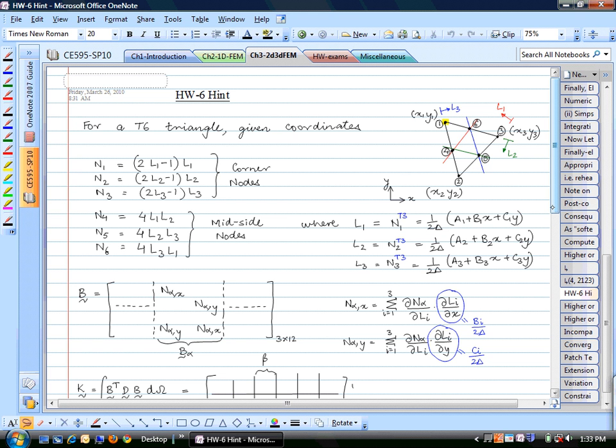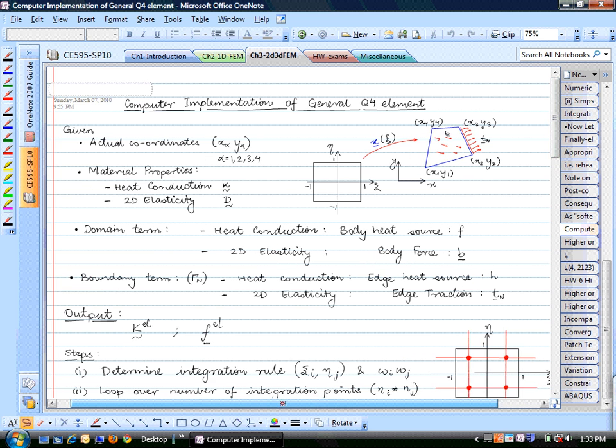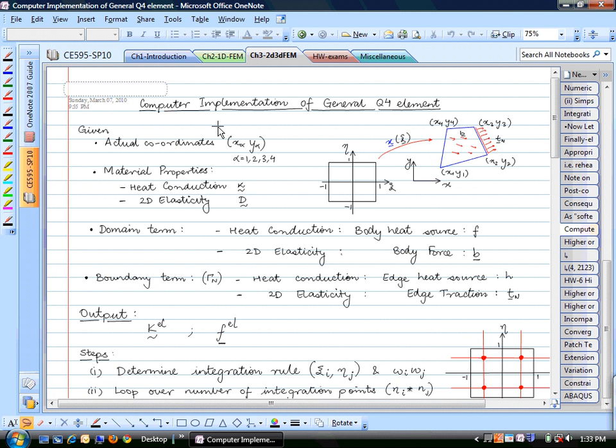For problem 3, it's about the Q4. All you need to do is follow this computer implementation note that I gave you right here. So I laid out pretty much all the steps that you need to do for a computer implementation of a Q4 element.